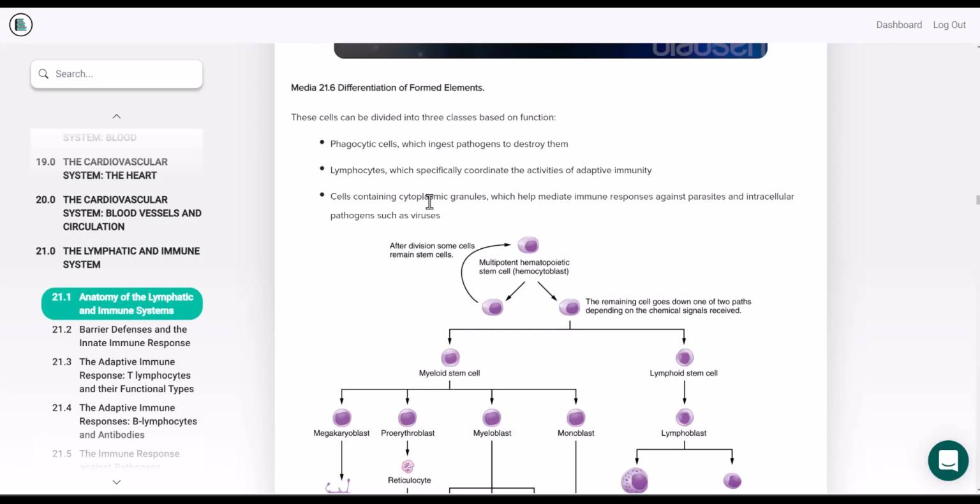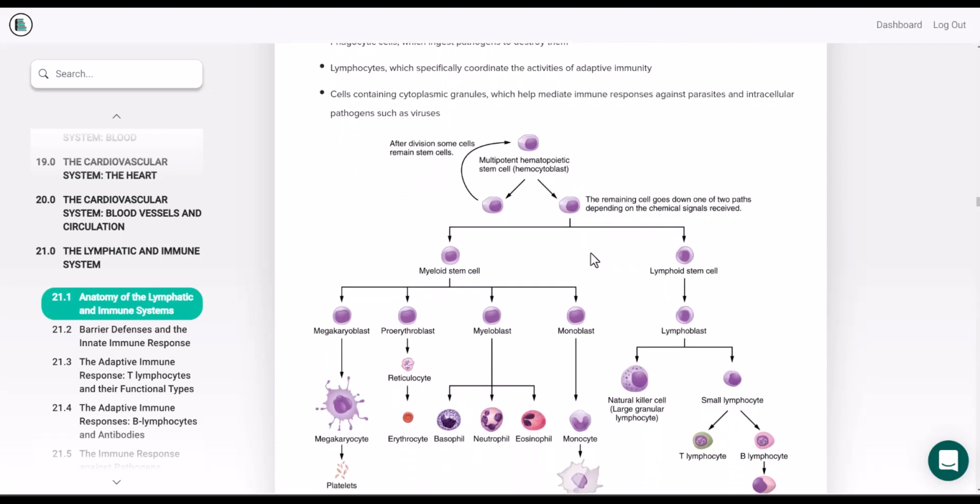And I talked about neutrophils in the blood chapter. So neutrophils are specifically designed to spew out chemicals. They literally release bleach that destroys bacteria. Other cells, like the eosinophils, are specifically designed to fight off parasites. And other cells are specifically designed to fight off viruses.